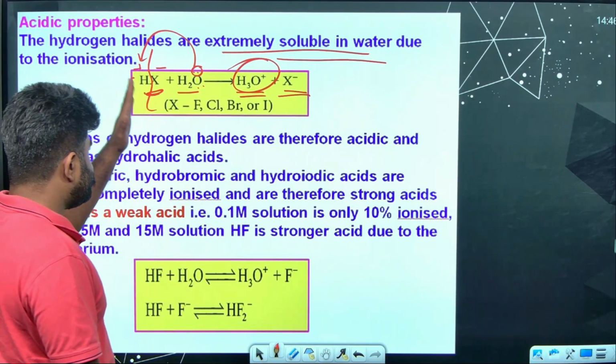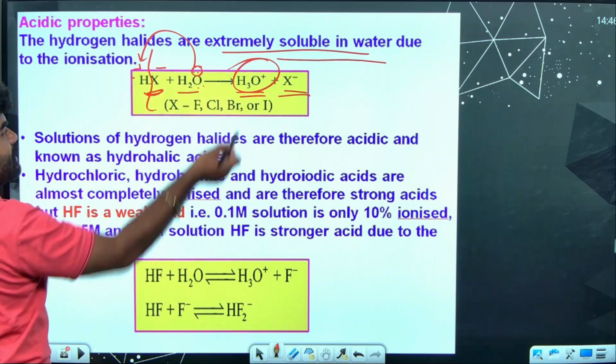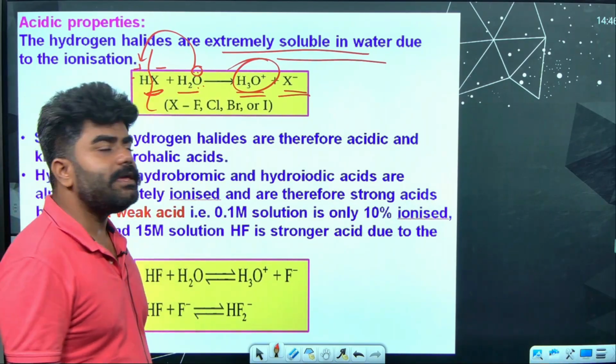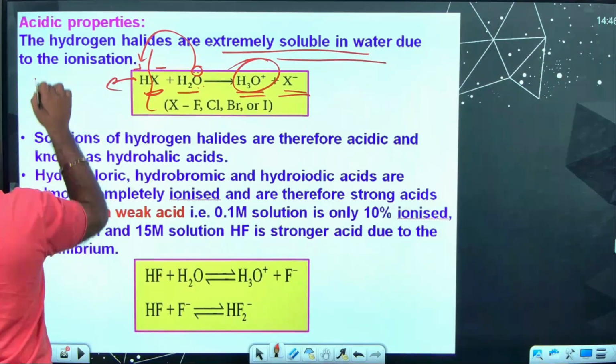So since HX is readily giving the H plus, it is said to be highly acidic.